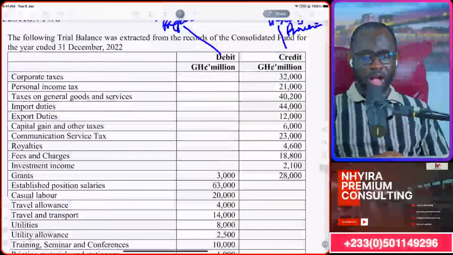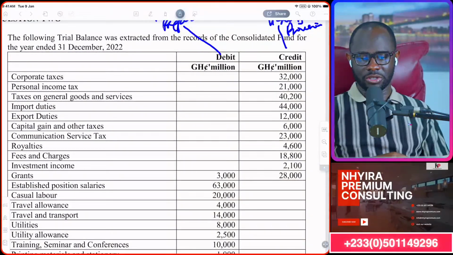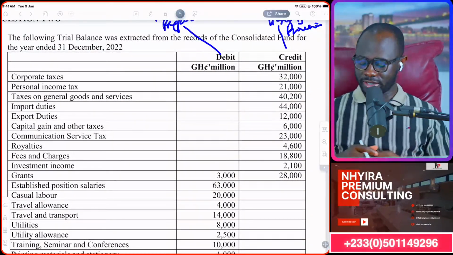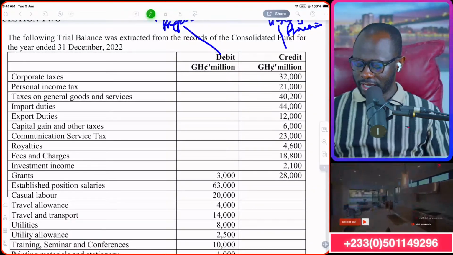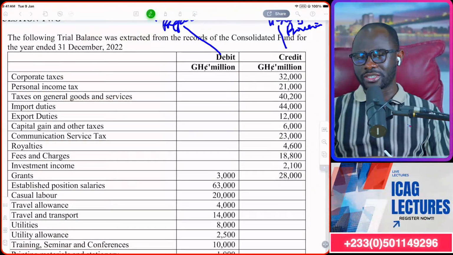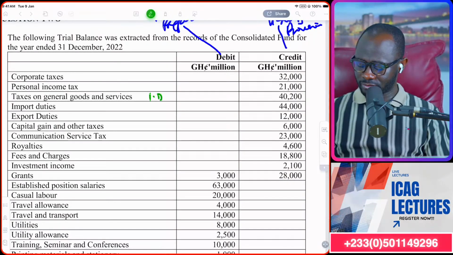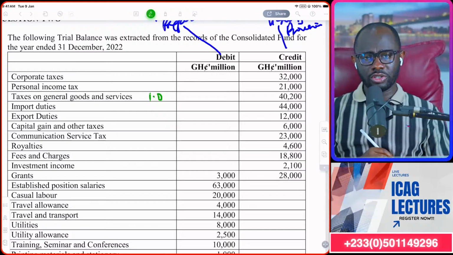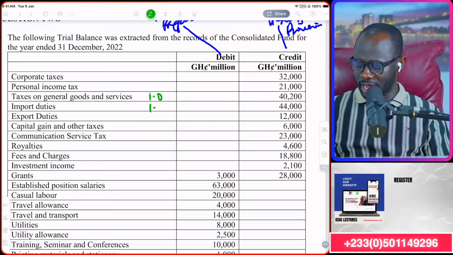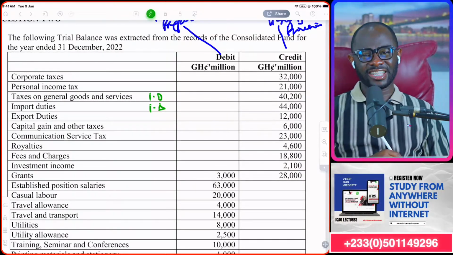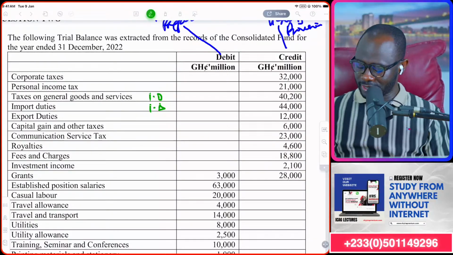This is going to require speed and accuracy a lot because of the way the question will be structured always. Next, taxes on general goods and services. Okay, that's indirect tax. Import duties, that's indirect tax. Export duties, that's indirect tax.